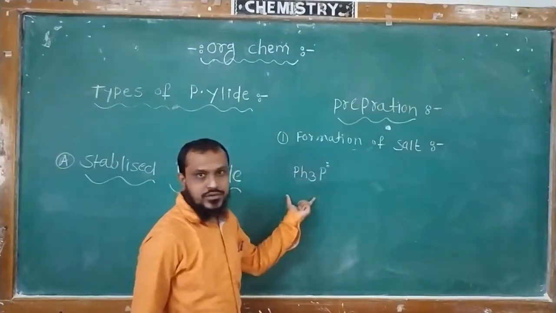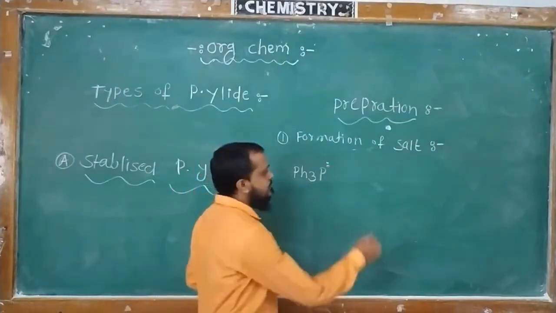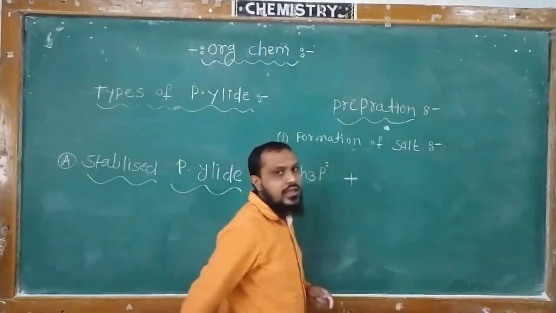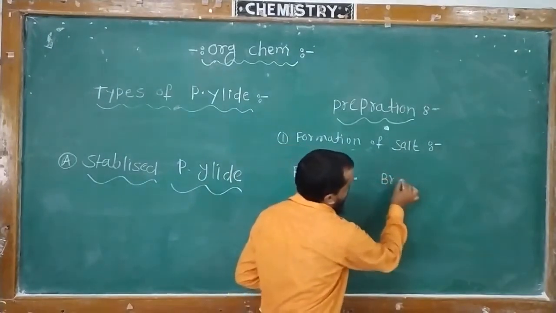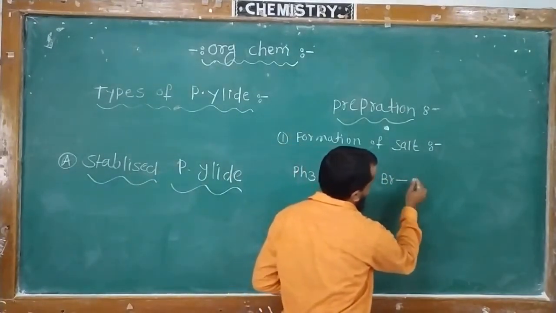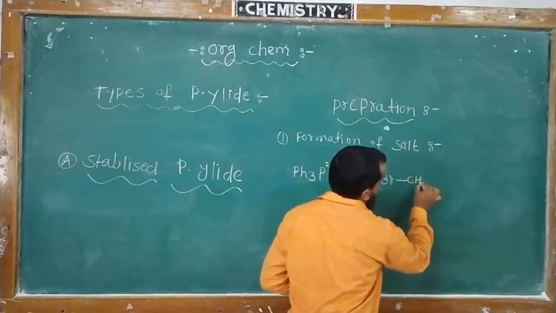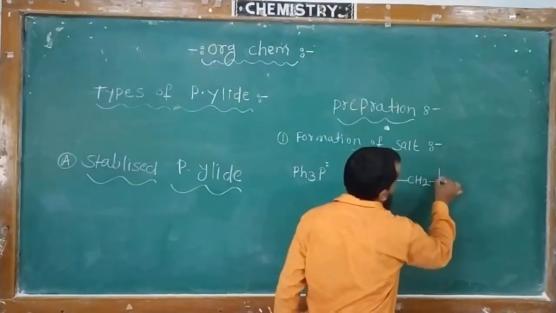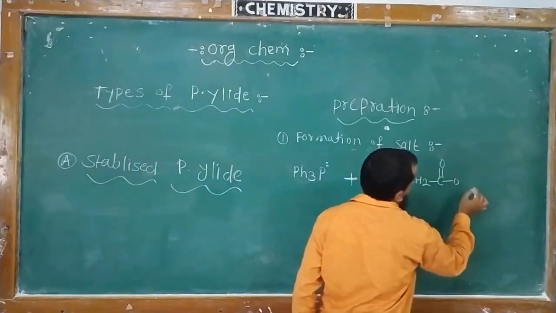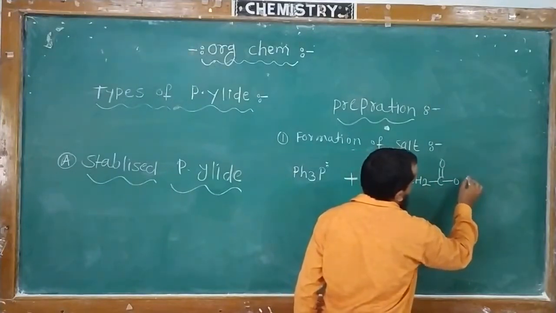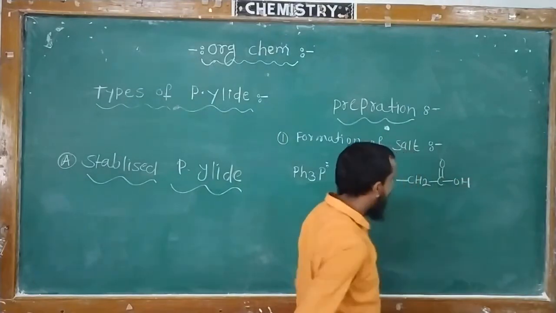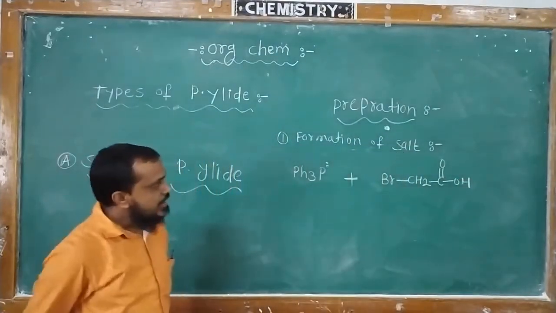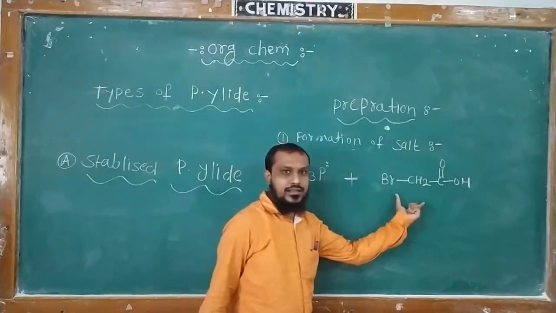This is the structure of triphenyl phosphine. It interacts with alkyl halide. Here I have taken this type of alkyl halide.